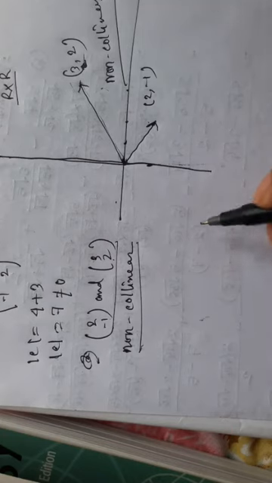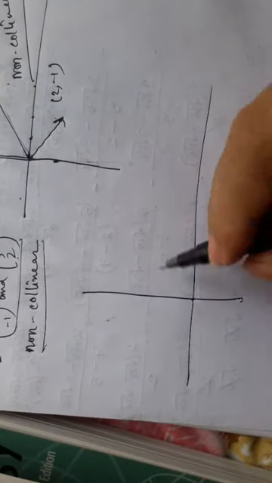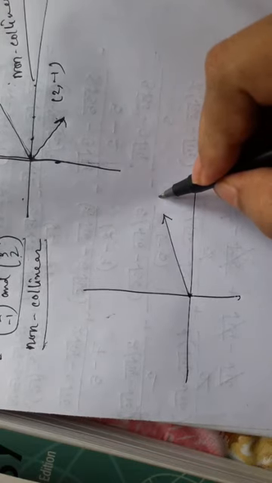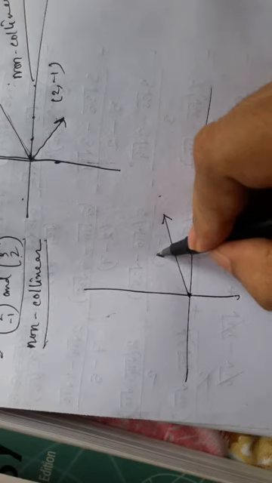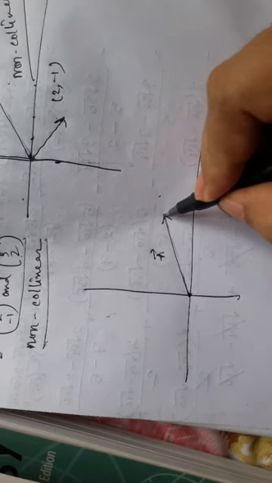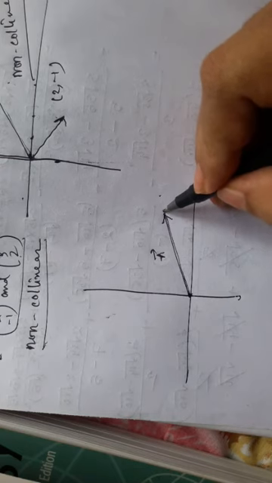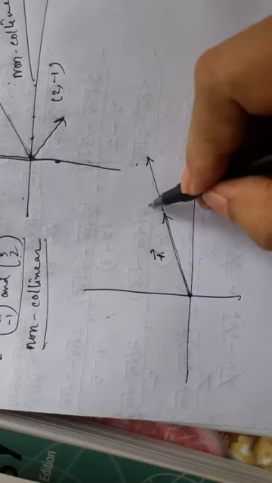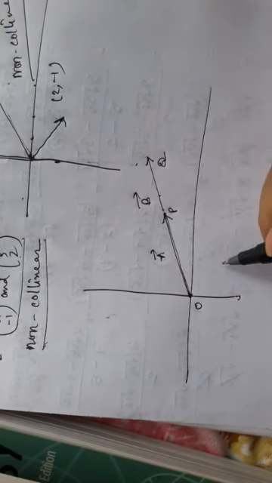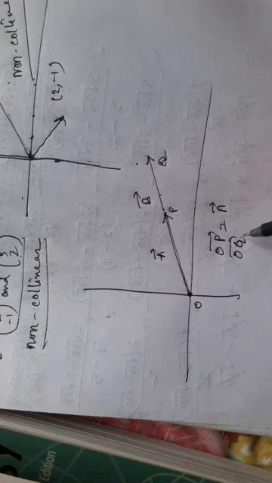Vice versa, we can say if we take one vector and call it A, and we take another vector on the same straight line, suppose this vector is B. So OP is the A vector, OQ is the B vector.